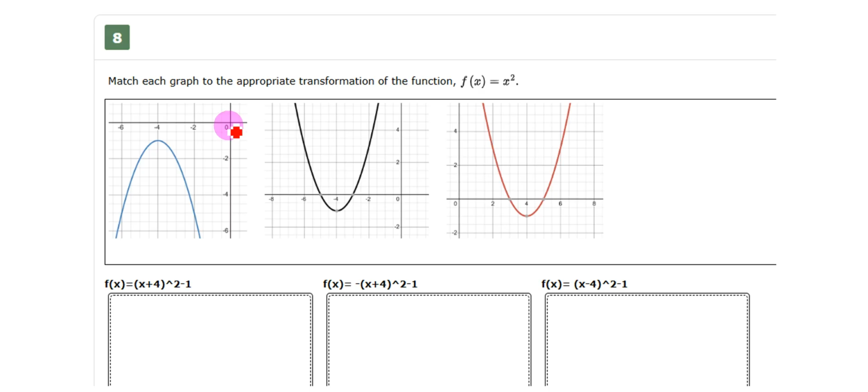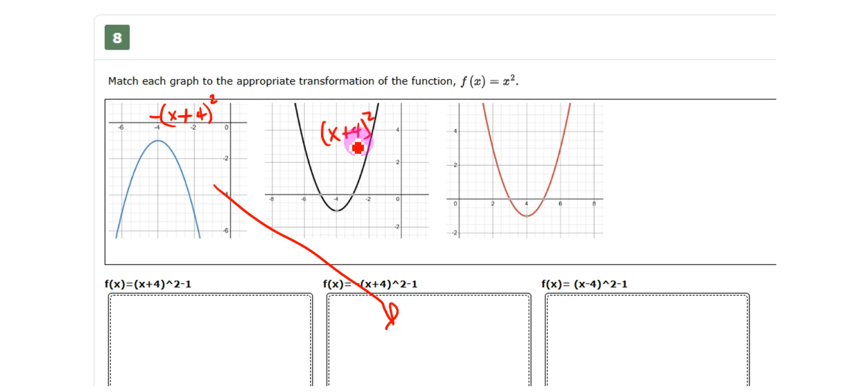This graph has been moved to the left, so we've added 4. And we flipped it. So that's going to be this one. Remember, when we're in here, this is moved to the left as well, x plus 4.